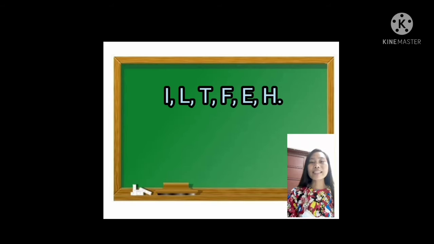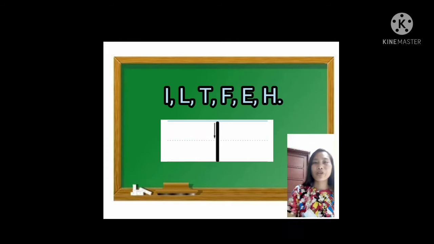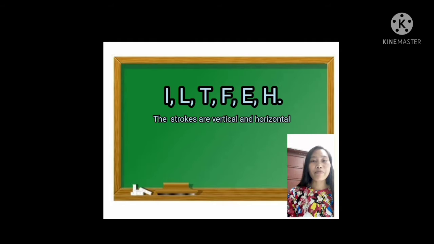Okay, the first letters that should be studied by beginners are I, L, T, F, E, and H. Why should these letters be mastered by beginners? It is because these letters are the easiest to draw and the strokes are vertical and horizontal.